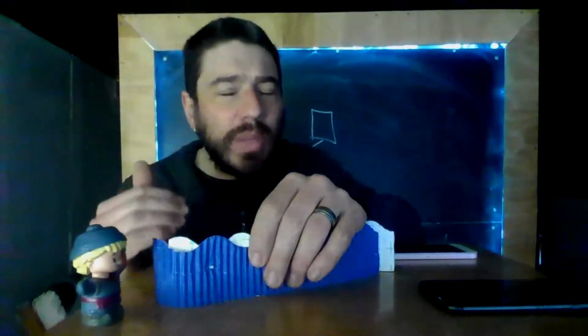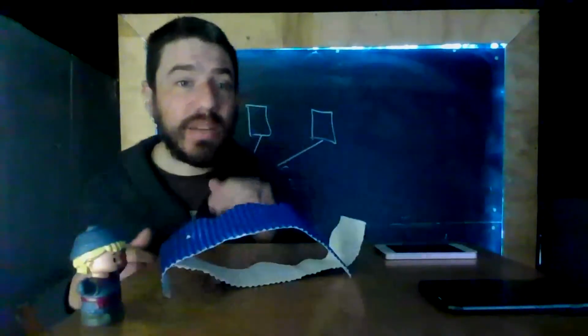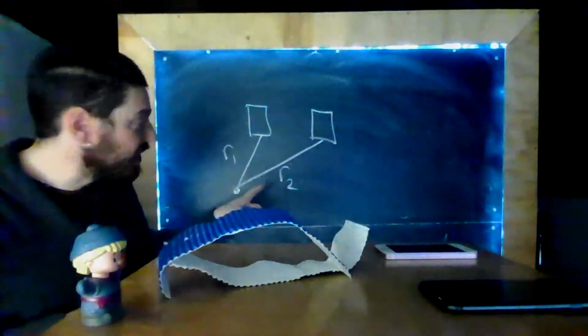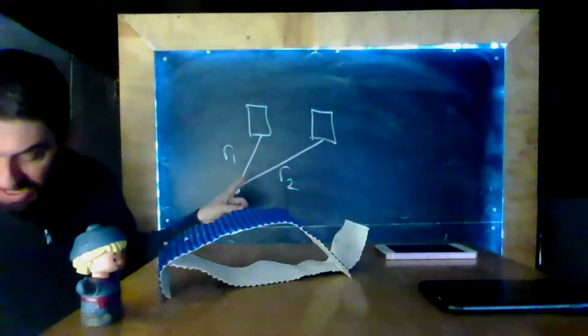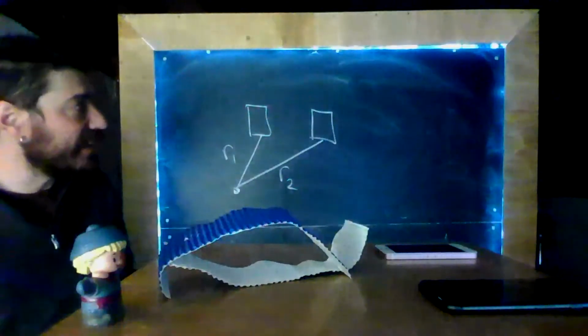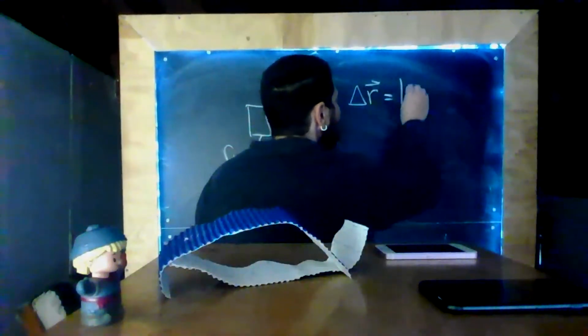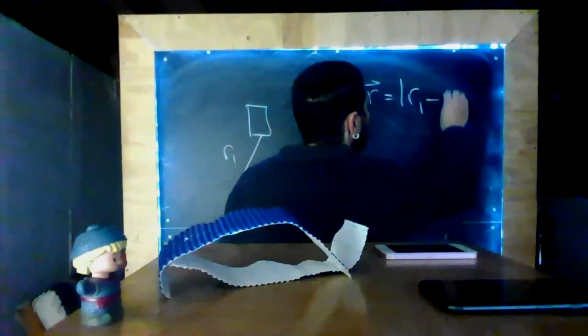So what determines whether Christoph hears a quiet sound or a loud sound? Well, it depends on the path length difference. It depends on the difference between these two distances. We call that the path length difference. We're going to write that as delta R, and it's the absolute value of R1 minus R2.